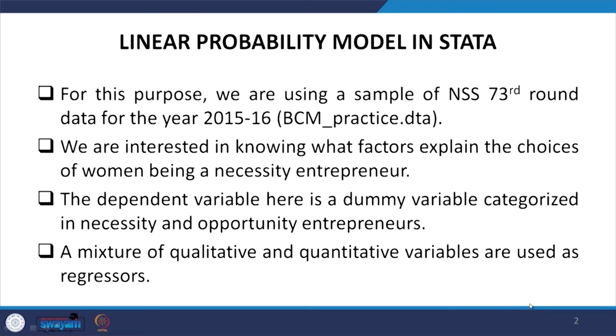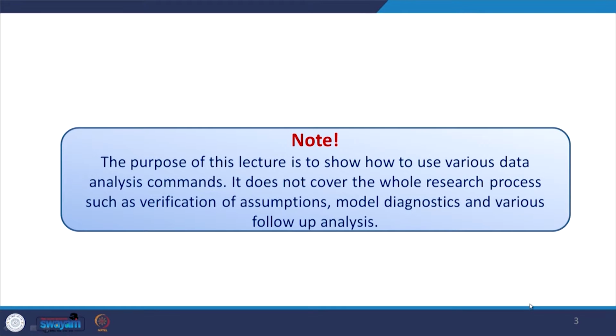A mixture of qualitative and quantitative variables are used in the explanatory variables. The purpose here is to show how to use various data analysis commands. It does not cover the whole research process, such as verification of assumptions, model diagnostics and various follow up analysis. We just wanted to mention how we can best use the commands.